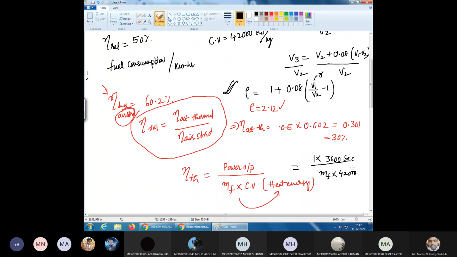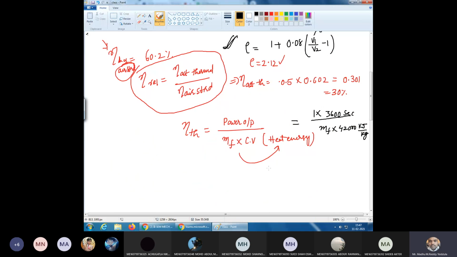So if you substitute, you will get mass of fuel. This value is 0.301. So mass of fuel is equal to 3600 divided by 0.301 into 42,000.